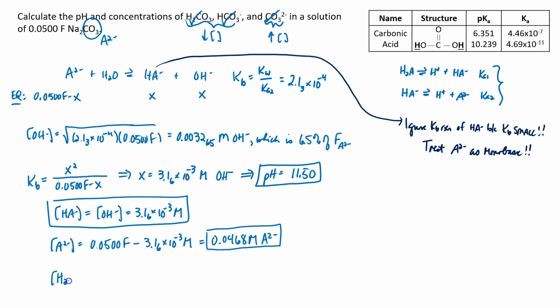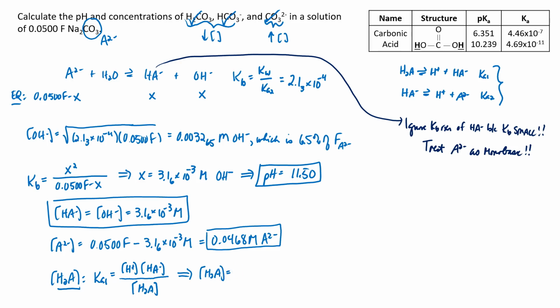So to get H2A, the fully protonated form, there's more than one way to do it. Looking at everything that I have here, I'm tempted to just use Ka1. Ka1 would be H+, and if we know the pH, we can get H+, times HA-, which we know, that's this, divided by H2A, and maybe I'll let you work through it.